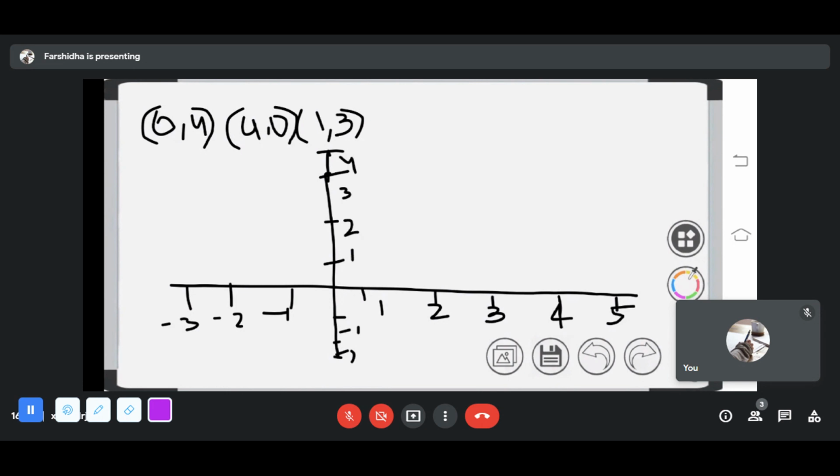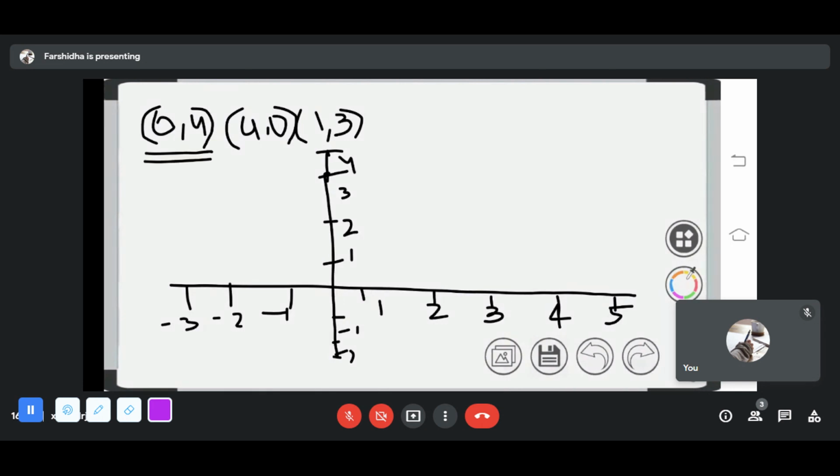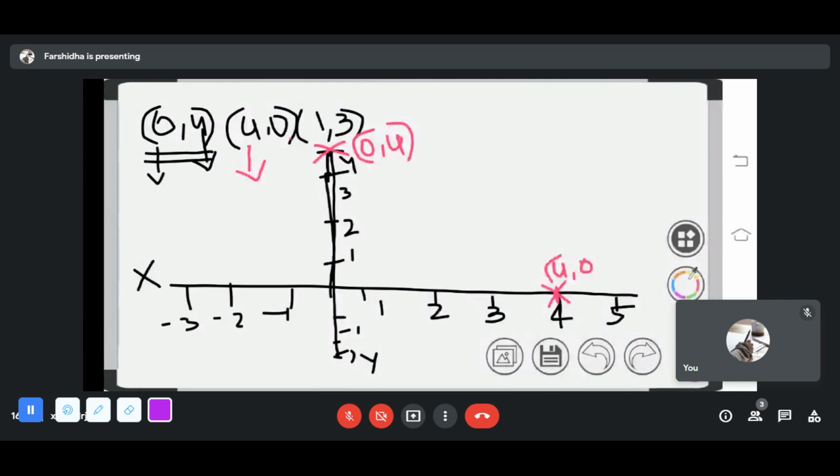Now take the first point, (0, 4). On the x-axis it is 0, so we don't need to do anything on the x-axis. On the y-axis it is 4. So this is your (0, 4)... and this is your (4, 0), nothing on the y-axis.